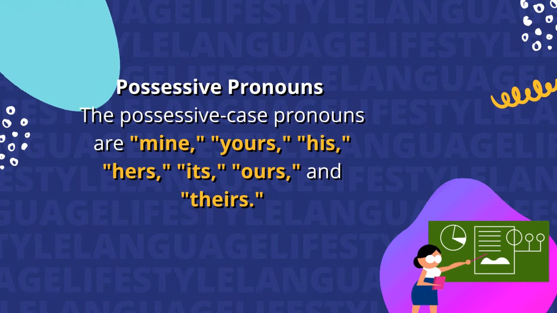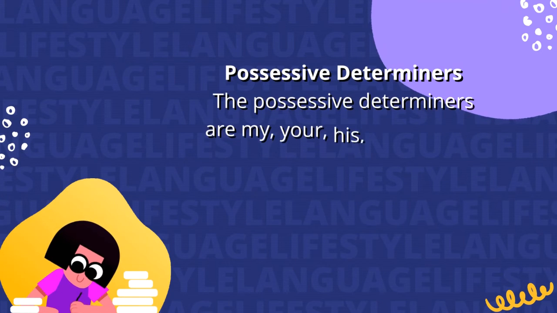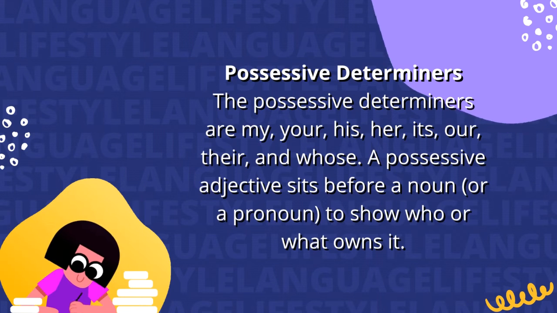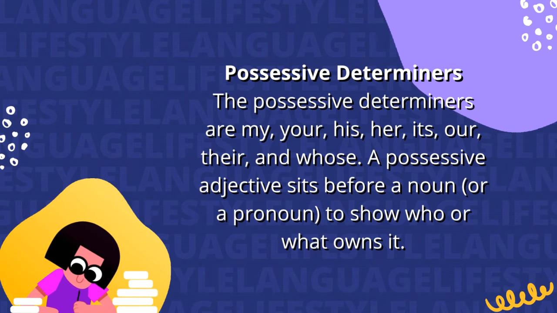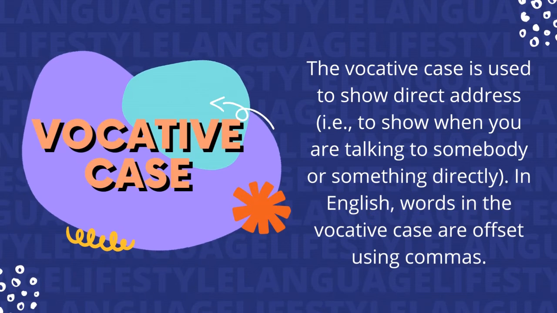The possessive determiners are my, your, his, her, its, our, their, and whose. A possessive adjective sits before a noun or pronoun to show who or what owns it.